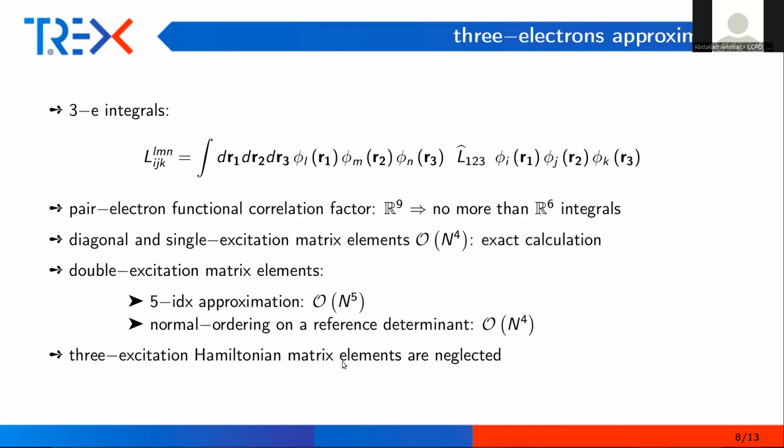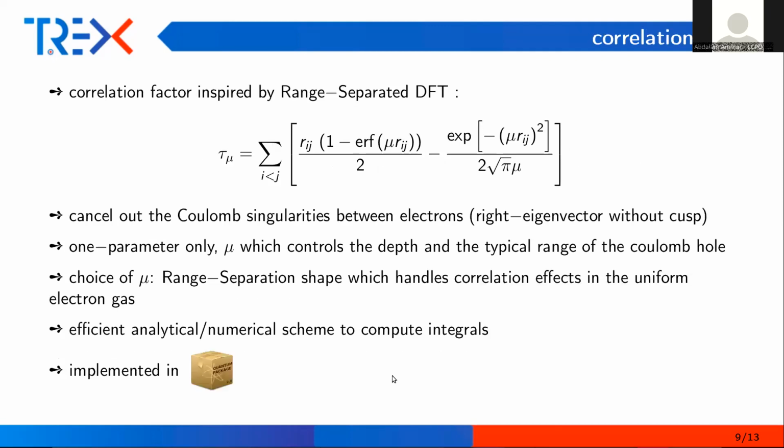Finally, we neglect the matrix elements with 3 degrees excitation. But based on the applications done in this work, we found that this approximation weakly affects the results and leads to a bias of the order of 1 milliHartree usually.